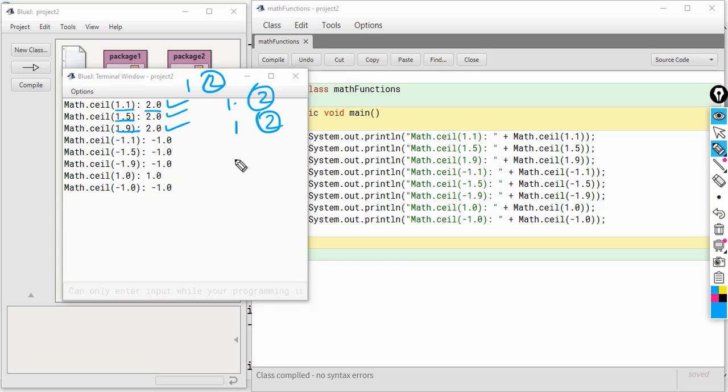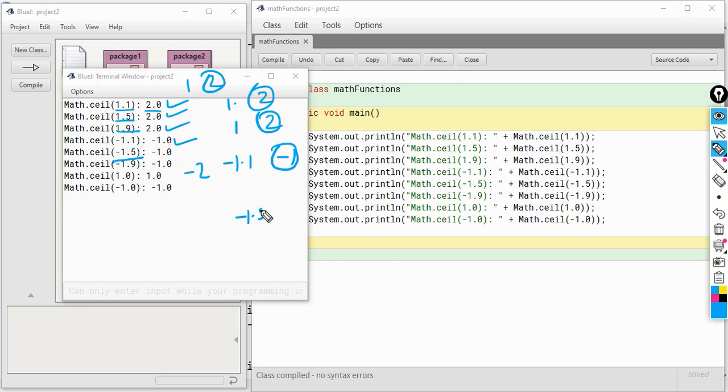Next is minus 1.1. Minus 1.1 comes between minus 1 and minus 2. Bigger number is minus 1. So the answer will be minus 1.0. Then we have minus 1.5.